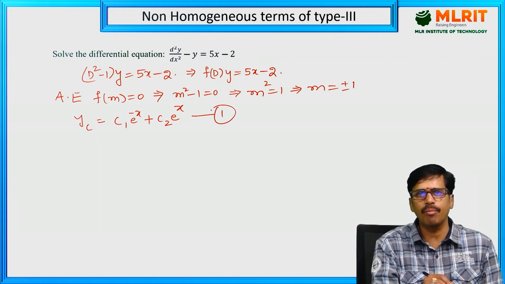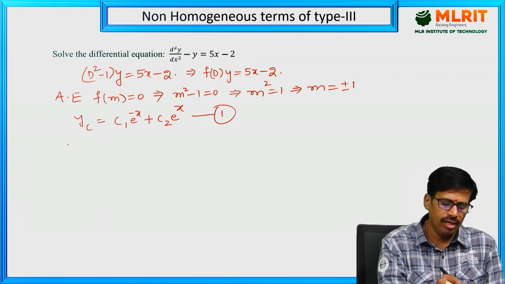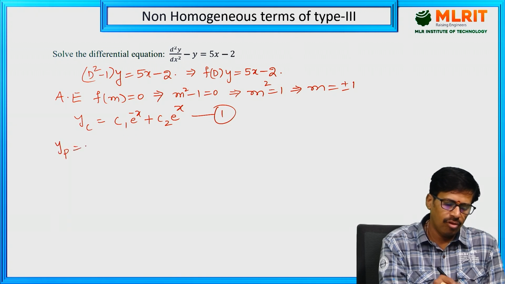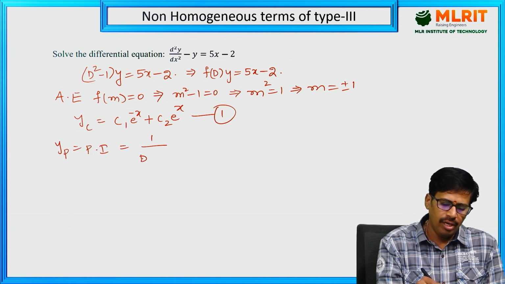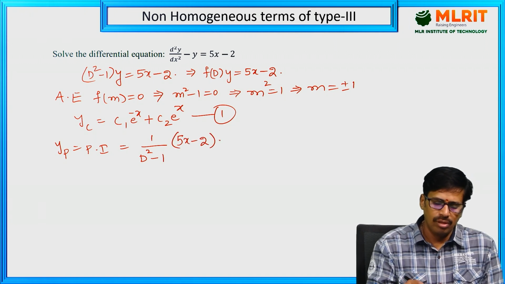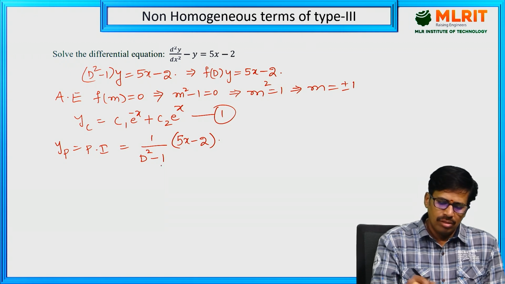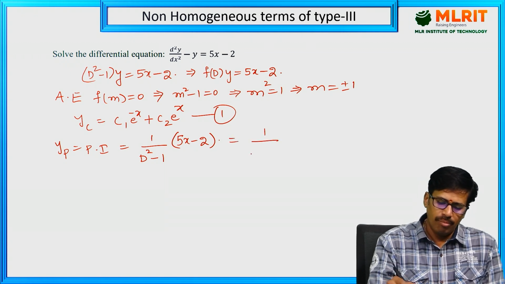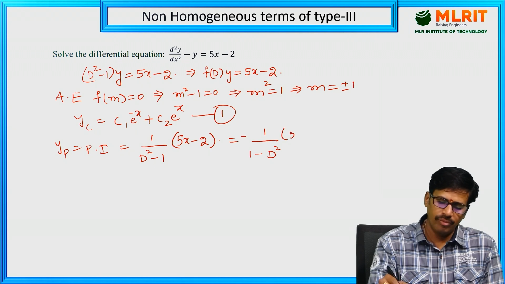Now let us find the particular solution or particular integral, yp or PI, which is 1 by (D square minus 1) of 5x minus 2. This can be written as 1 by (1 minus D square), taking minus common, of 5x minus 2.